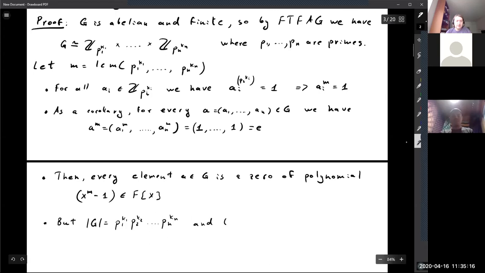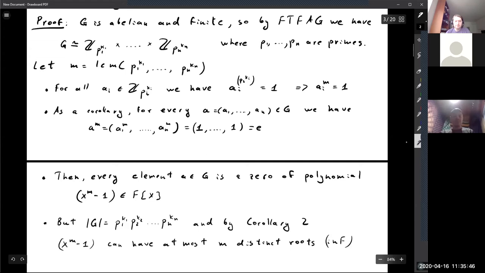And by corollary 2, x to the m minus 1 can have at most m distinct roots in F.